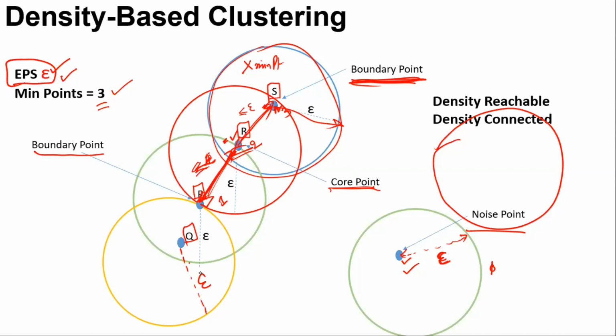So we have 2 points here, and 3 points here, 1, 2, 3, and 3 points here. This is not a boundary point because we have 3. This is also a core point. And what about this Q? Q is called a boundary point.